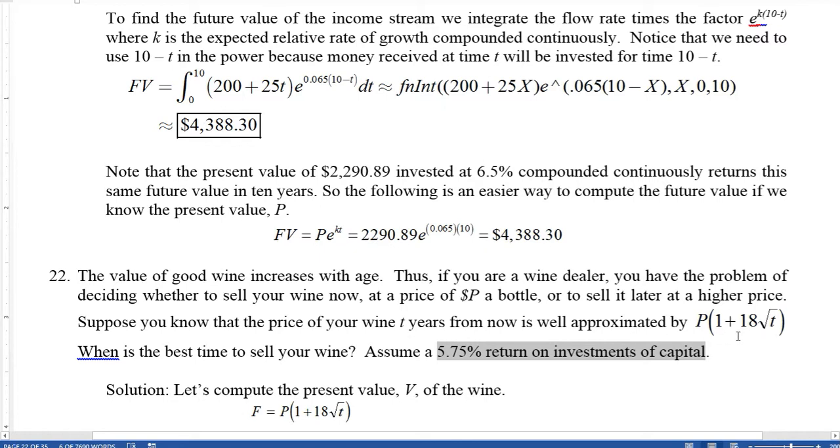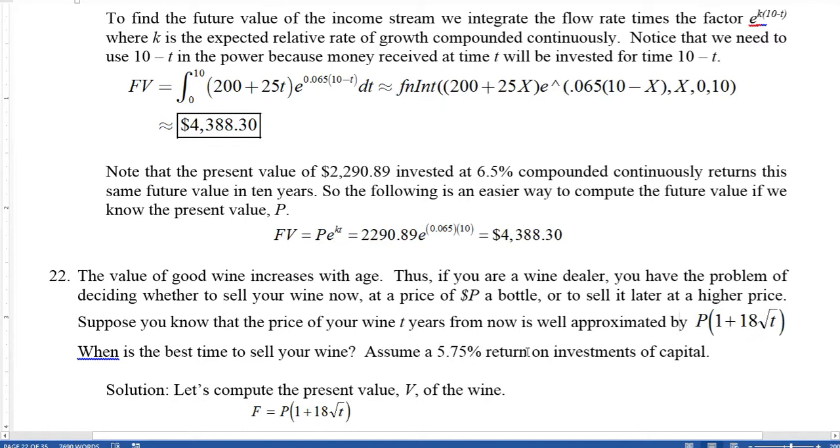Okay. Now, if you think about it this way, this is an increasing function. The later you hold on to it, the more the wine is going to be worth, the more money you're going to bring in. On the other hand, this is a concave down function. So even though it's going to grow faster at first, it's going to grow slower later on.